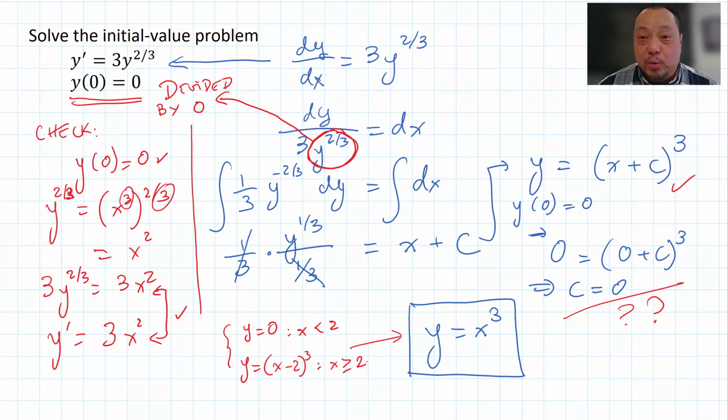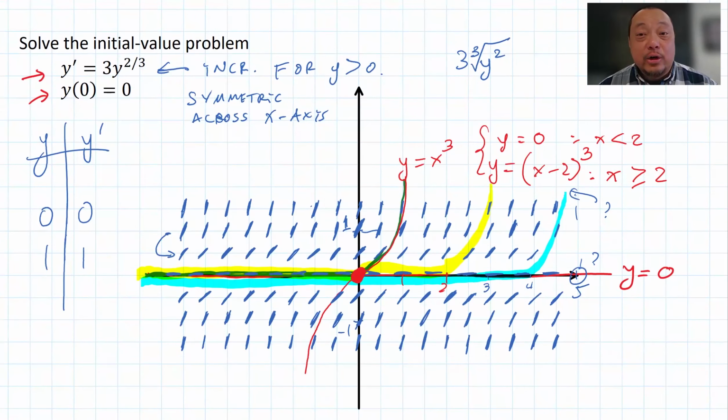There's no obvious way of getting there. It kind of comes out of this general solution plus the trivial solution, if we had thought of it, but merging them together to get this piecewise function is not an obvious thing. It only came to us when we were looking at the slope field.